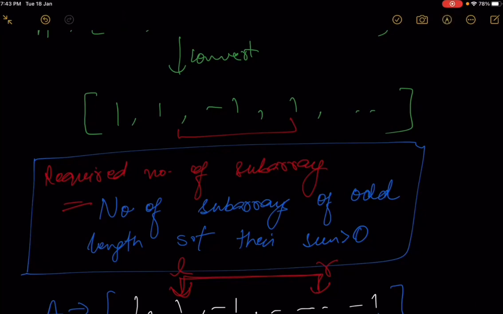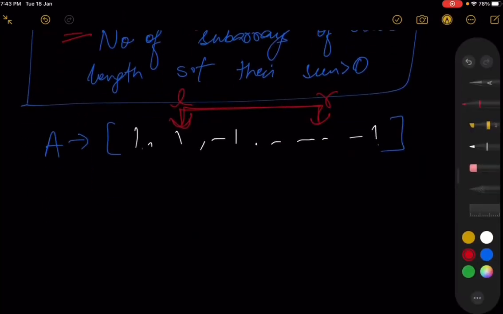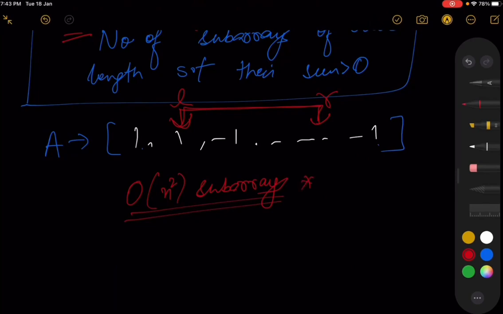But if you see the time complexity of it, there can be around order of n square subarrays, and checking whether their sum is greater than 0 will again require order of n time, because we iterate through that subarray. So the overall time complexity in that case will be order of n cubed, right?